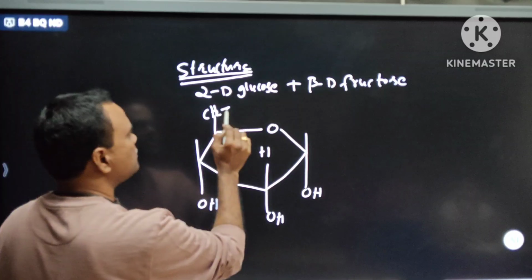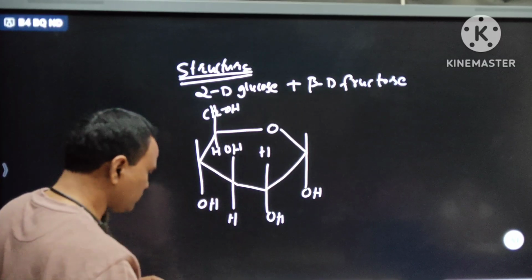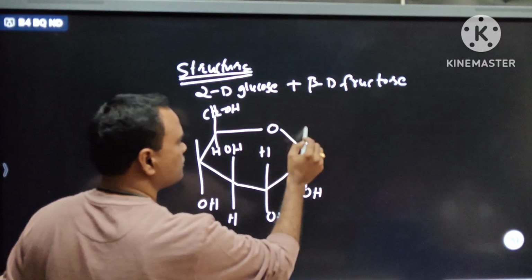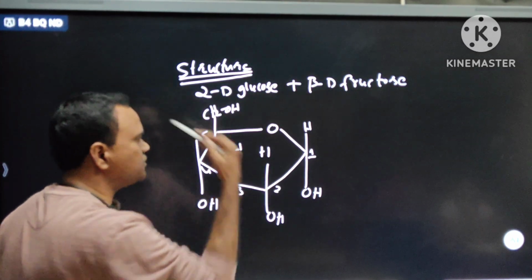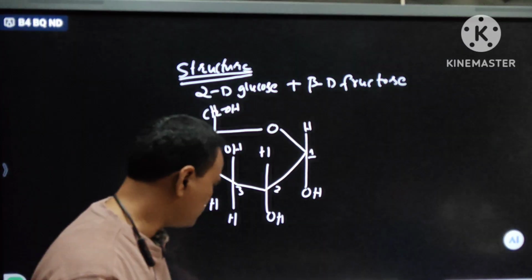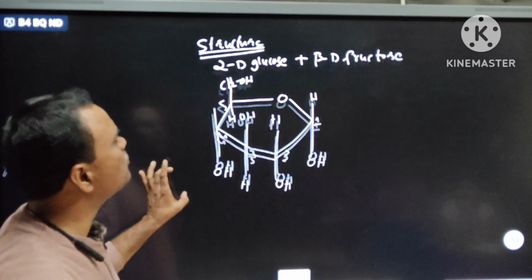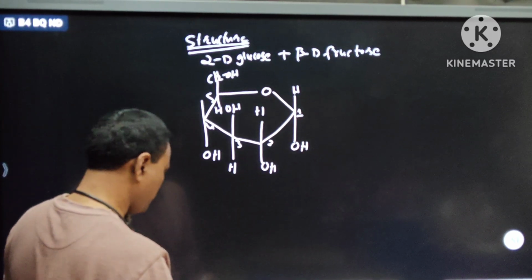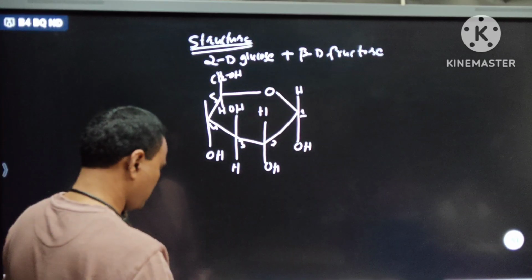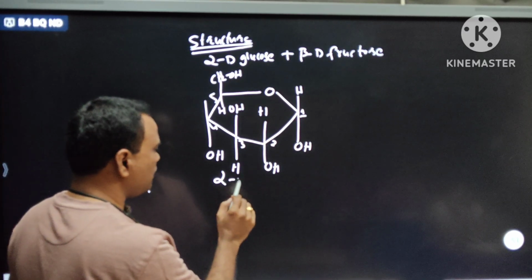CH2OH is always up only. Now give the numbering: 1, 2, 3, 4, 5 and this is 6. Alpha D glucose or glucopyranose. Alpha D form.